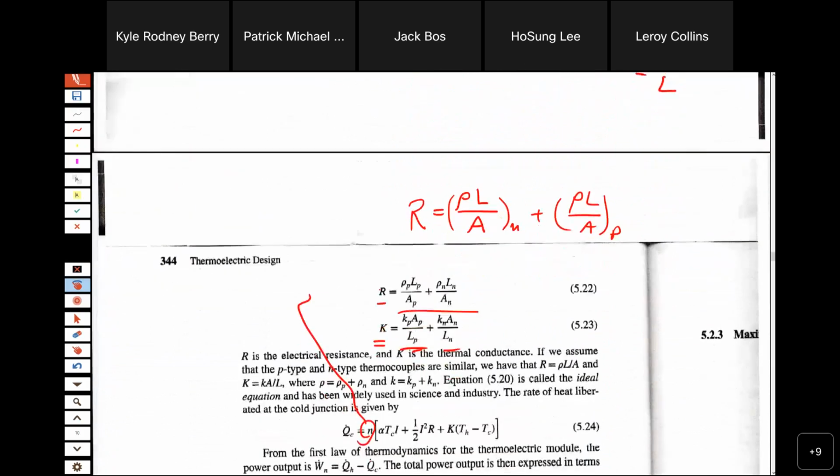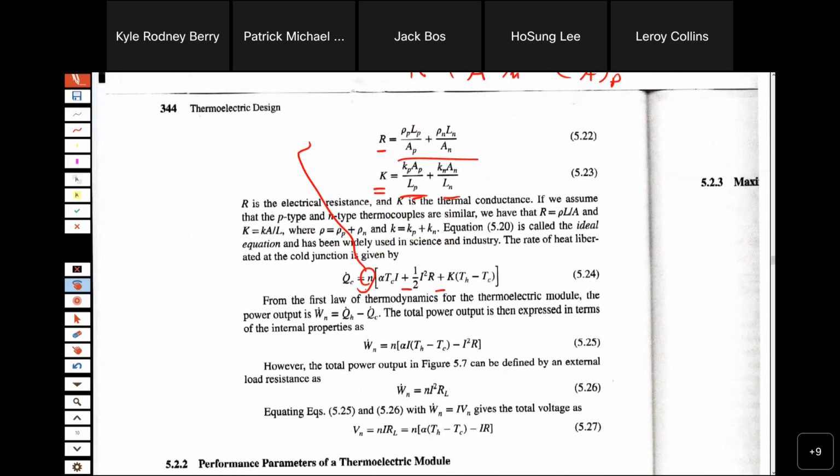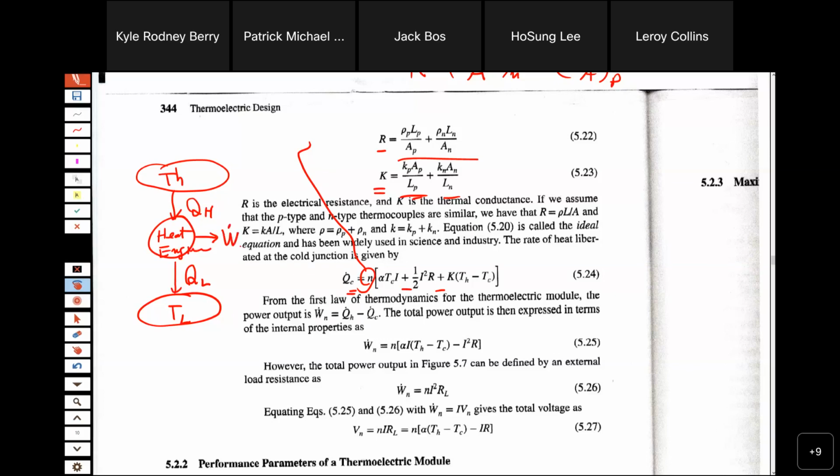So QC is similar, but a different sign. If we have a TH source, T low, and a heat engine, so QH and QL, and we have net work.